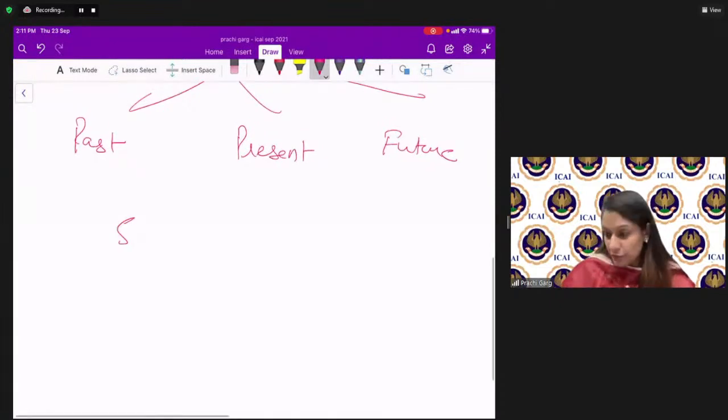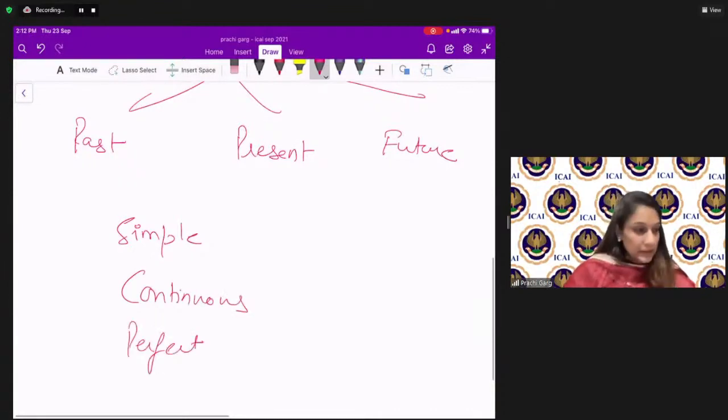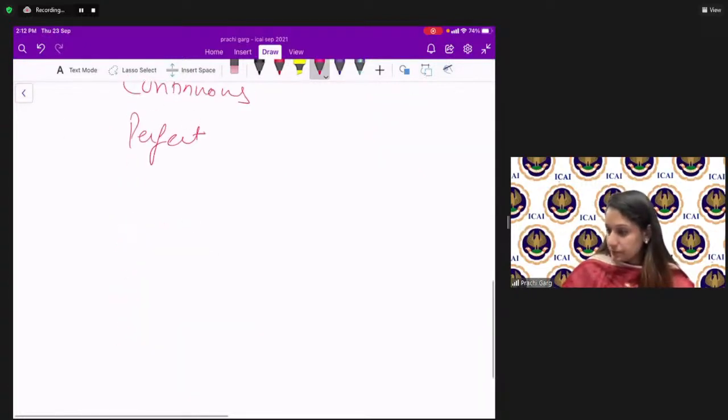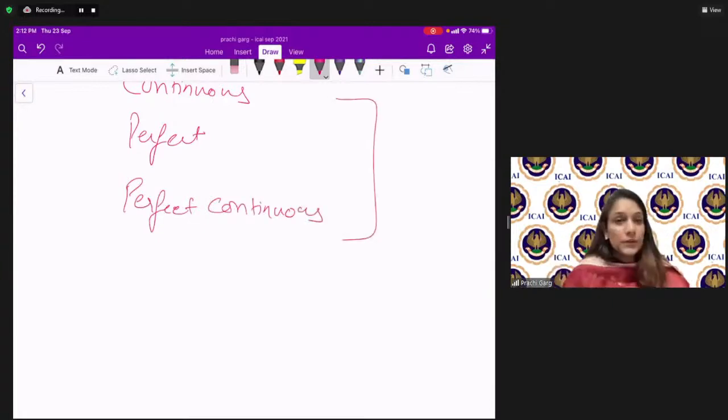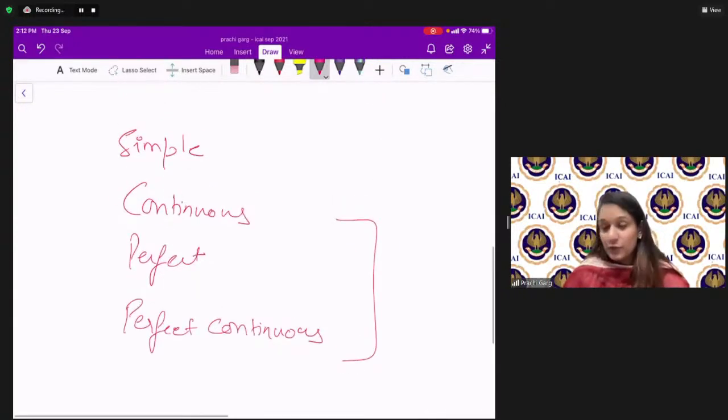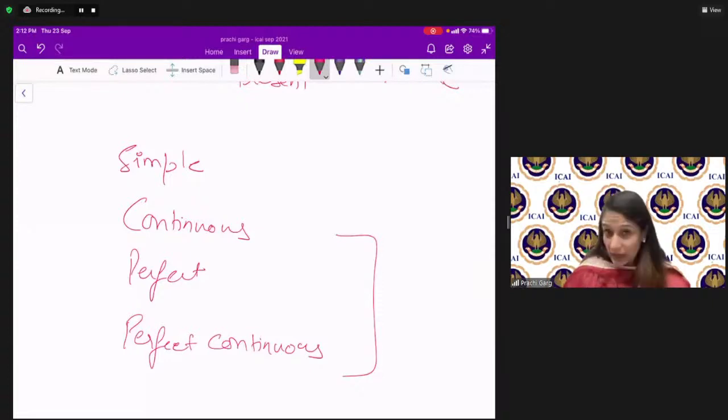That is the simple form, continuous form, perfect, and then you have perfect continuous. Okay. Yes. So these are the four. So that means you have 12 tenses in totality.